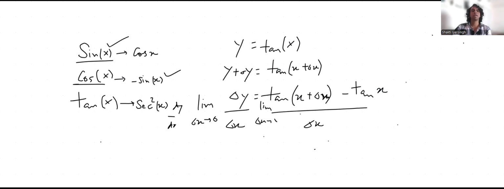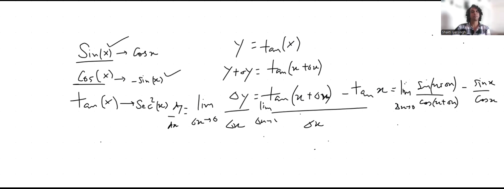Right, so what is the next step here? Now we have tan A minus tan B. Now I can choose to write this as sine A upon cos A. And that's how I can perhaps simplify it a bit more. So limit delta x tending to 0 sine x plus delta x upon cosine x plus delta x minus sine x upon cosine x, and the whole thing divided by delta x.